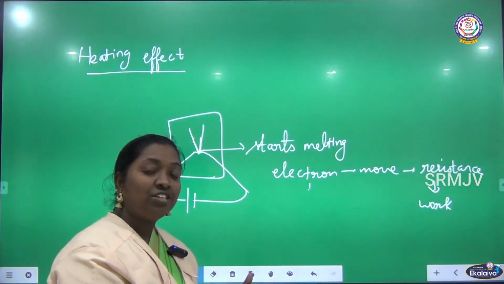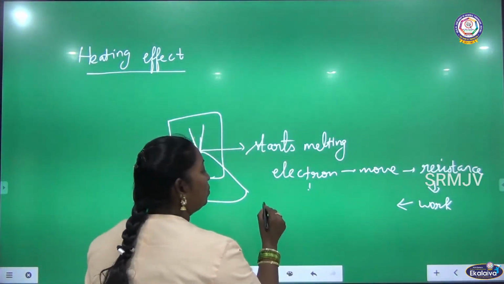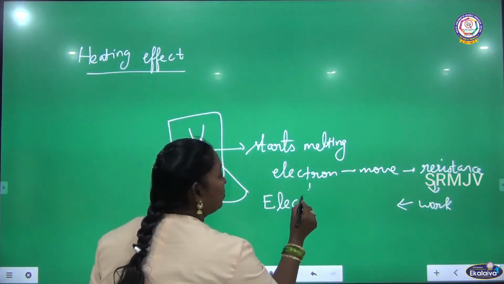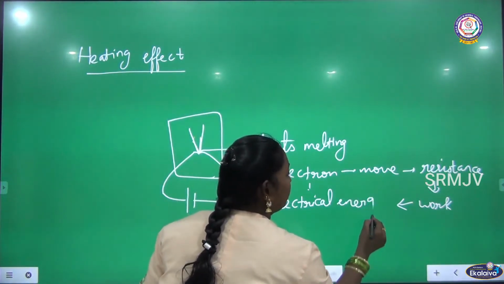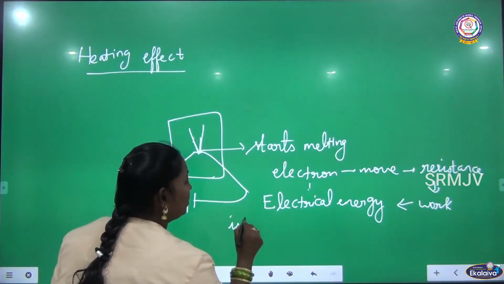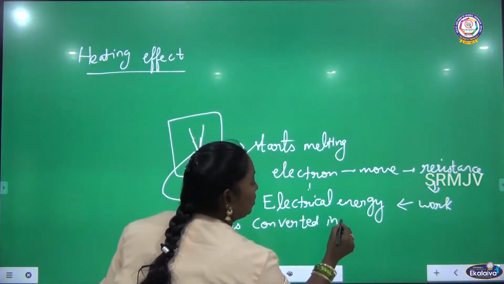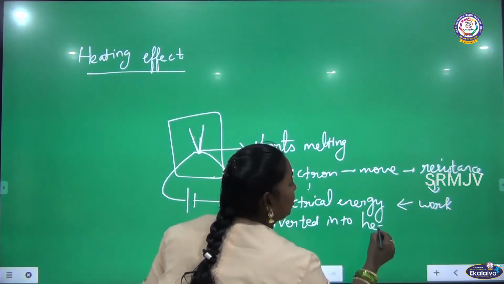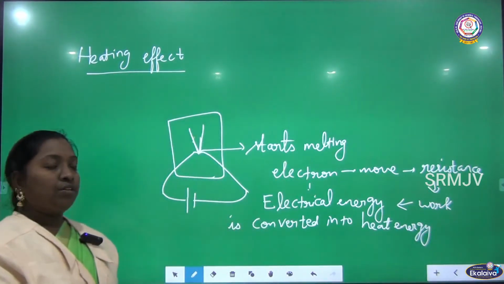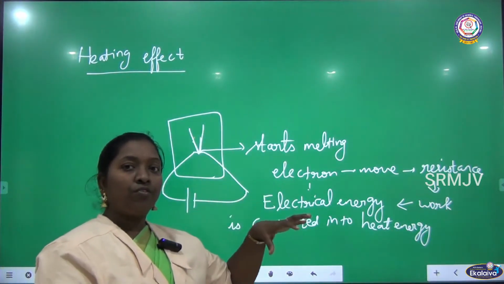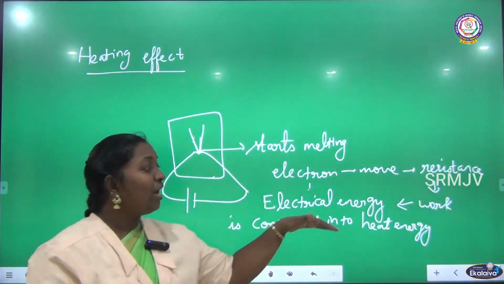Here the electrical energy is converted into heat energy. So what is the work taking place due to the flow of electrons? A conversion is taking place. What conversion? Electrical energy is converted into heat energy.